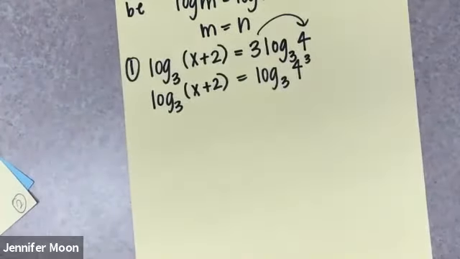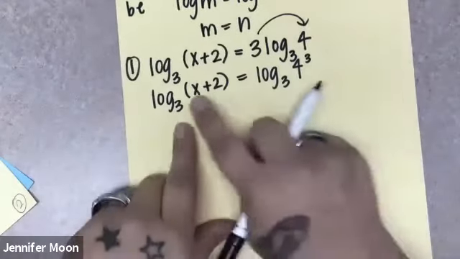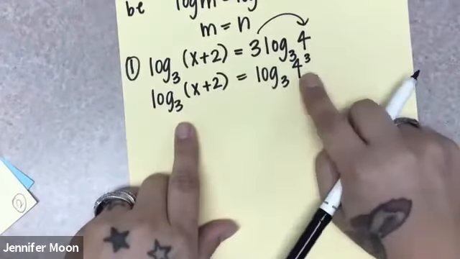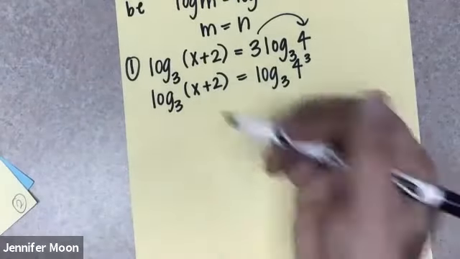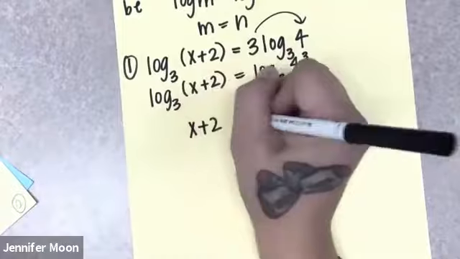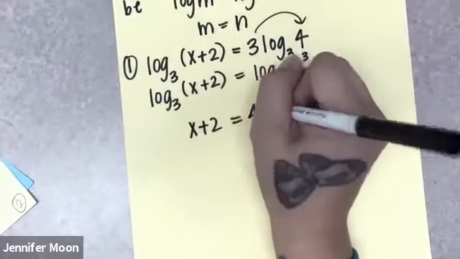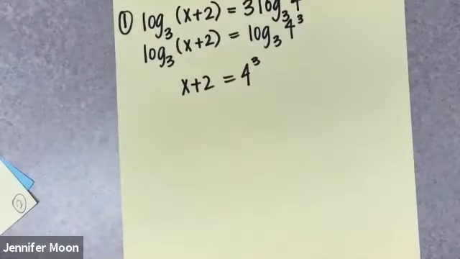Okay, and so now looking at this, do you agree both sides only have one log, right? That's very important. If it needed to be condensed, it was, but both sides only have one log. They both have the same base. And then this would be acting as my M. This would be acting as my N. All we have to do now is just set M equal to N, which is x plus 2 equals 4 cubed. Does that make sense? Yep. Okay.